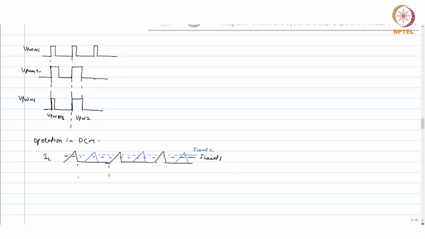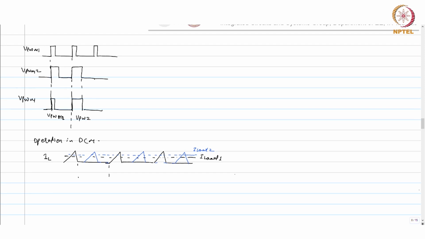I know that in DCM, when we keep increasing the off time, the load current reduces. So for a very light load, you can even supply 4 or 5 outputs. Or you are forced to reduce the frequency. So there are two ways: if I want to cater to more loads, then I can operate at a lower frequency and insert more outputs there.